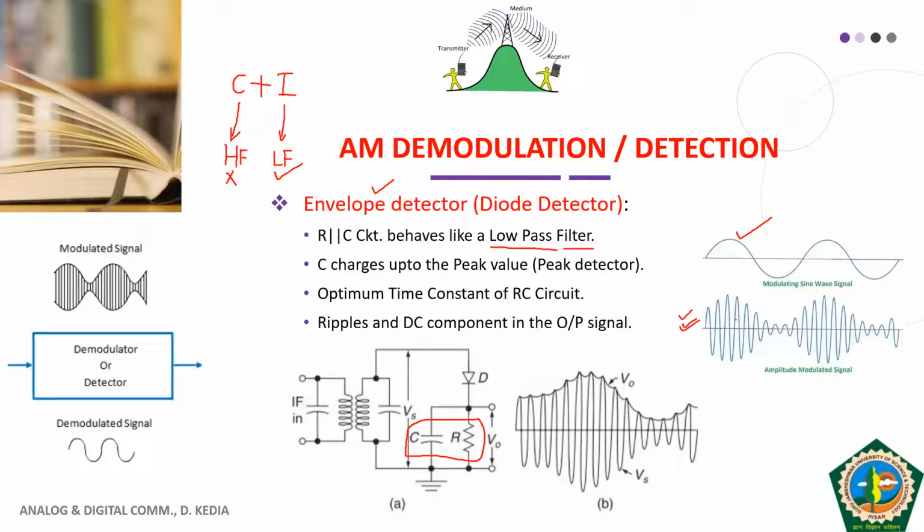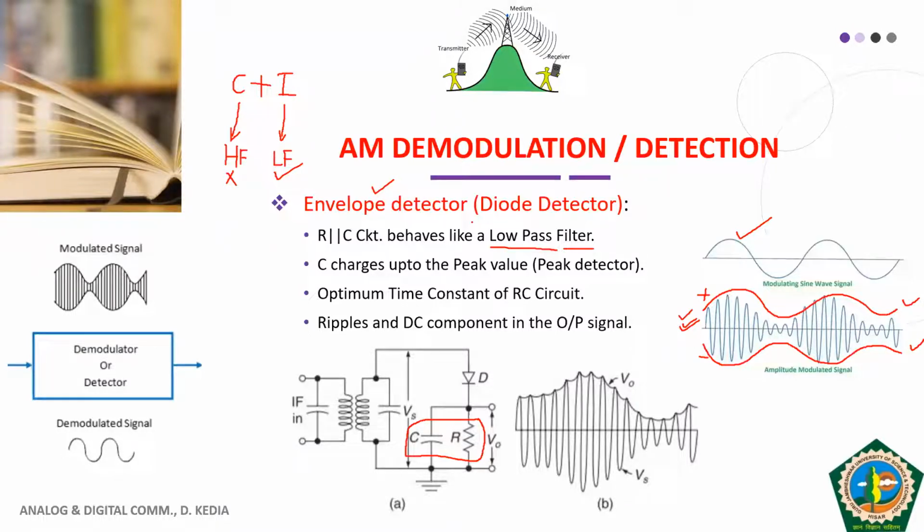Another thing that we want: look at this carefully. So this is our amplitude modulated signal, and where is our information signal? As I told you, your information signal lies in the envelope. Fine. A replica of the information signal is also present on the negative side. So both are one and the same thing. So we can extract our information signal from the positive side as well as from the negative side, either of the two. So obviously we know that a diode behaves like a rectifier.